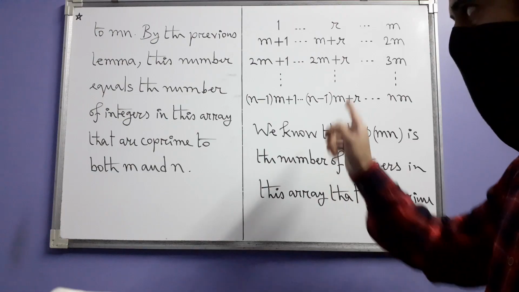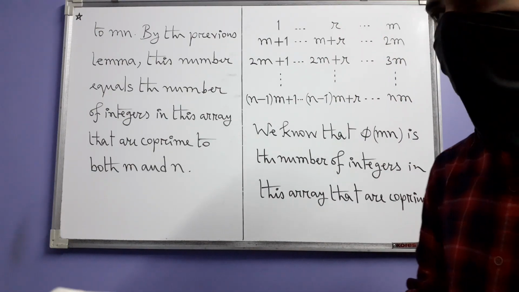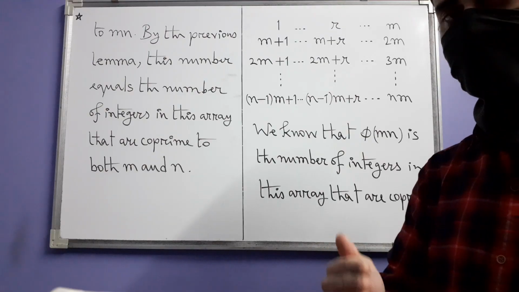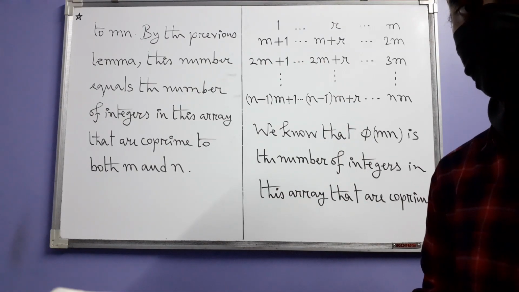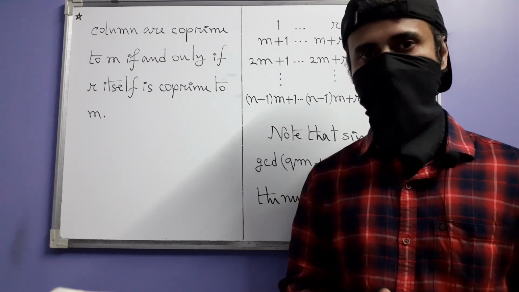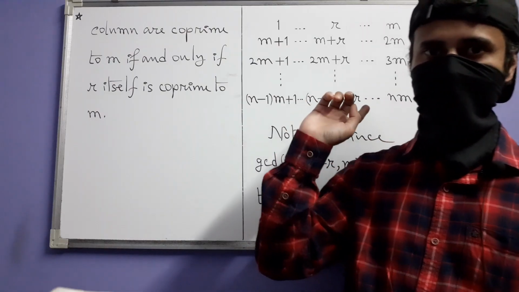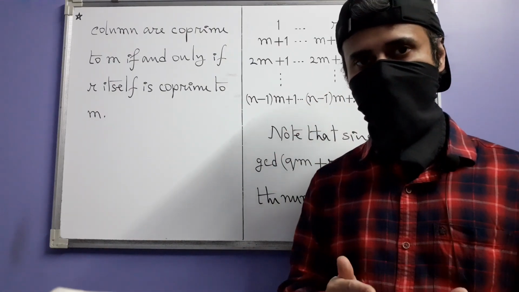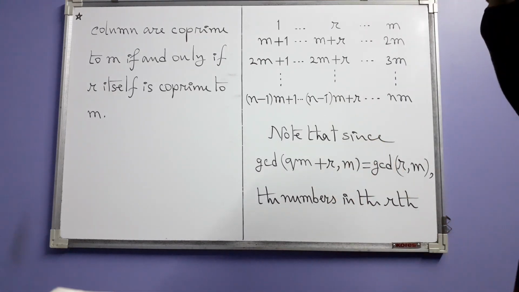In place of a, you think of the desired integers from this array, and in place of b and c, you think of respectively m and n and apply the previous lemma. So that means that we have to find the total number of integers in this array that are simultaneously co-prime to m and n.